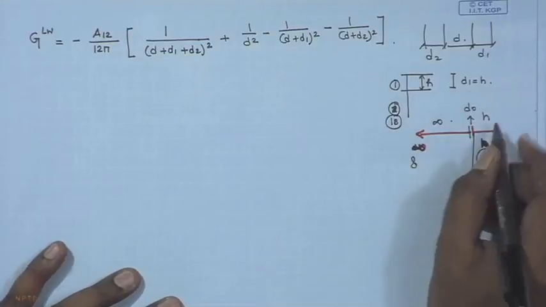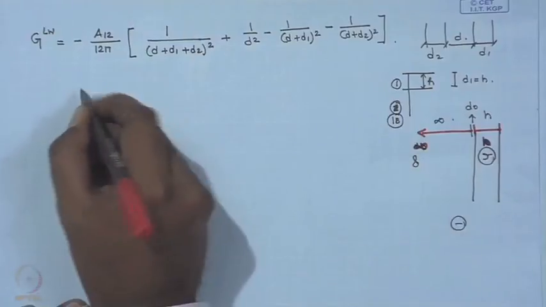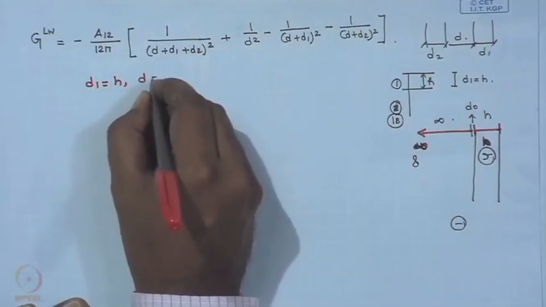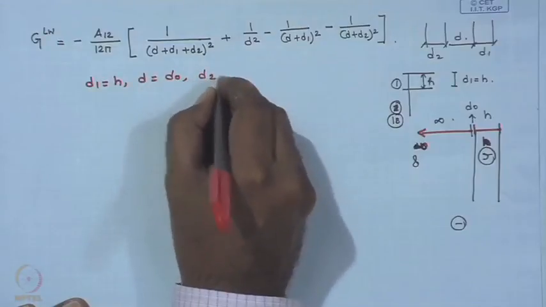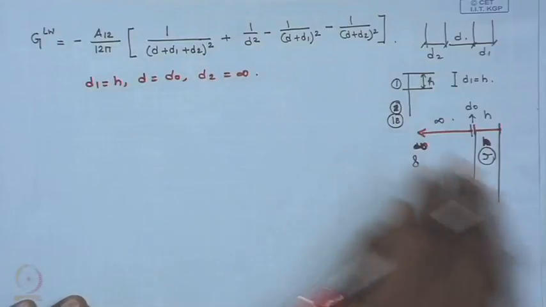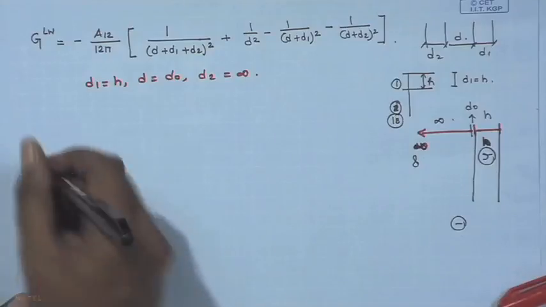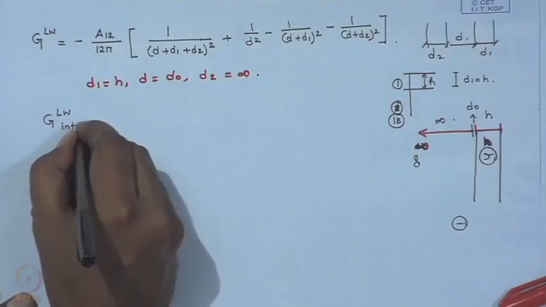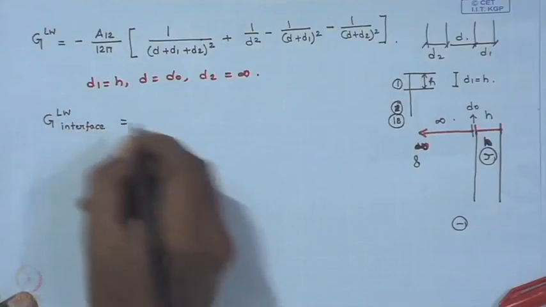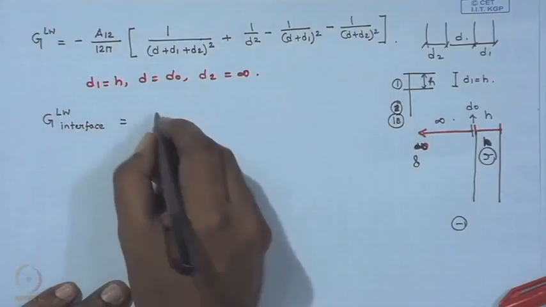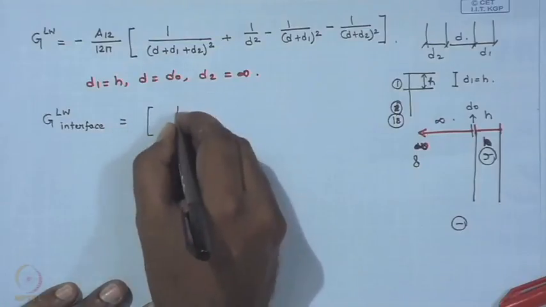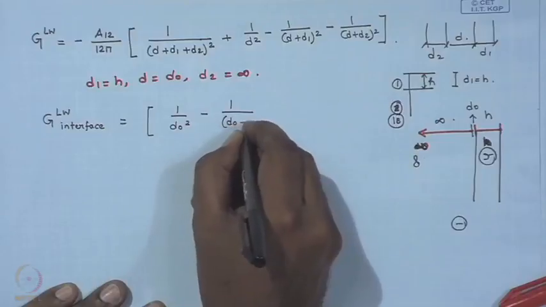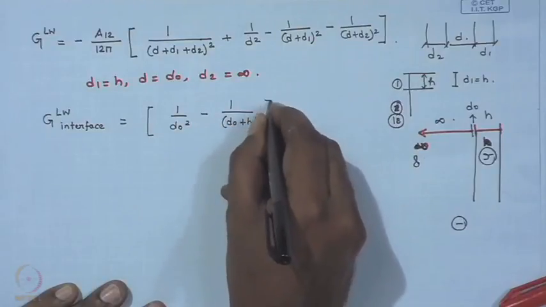So, in other words, if you plug in d 1 equal to h, d equal to d 0 and d 2 equal to infinity into this expression, then that will give you the GLW at the interface, which turns out to be 1 by d 0 square minus 1 by d 0 plus h square.